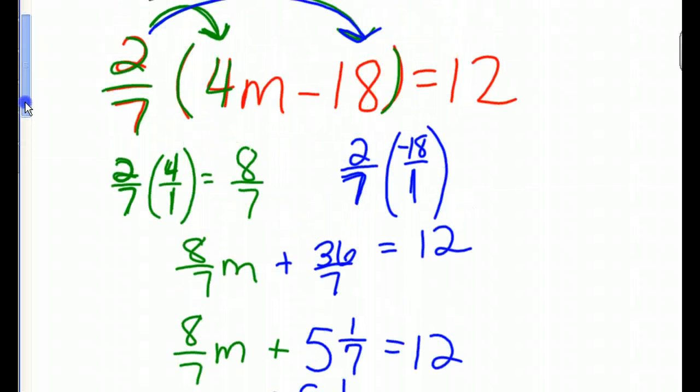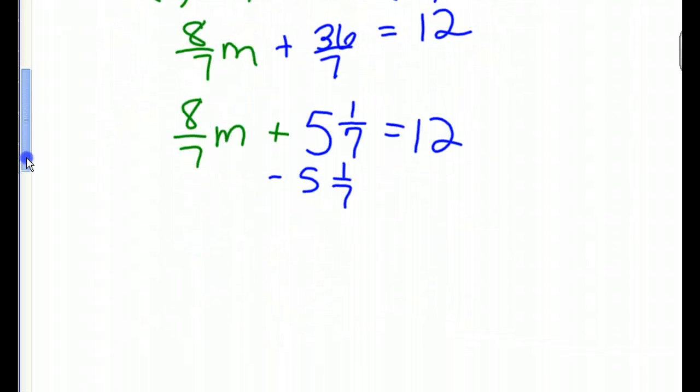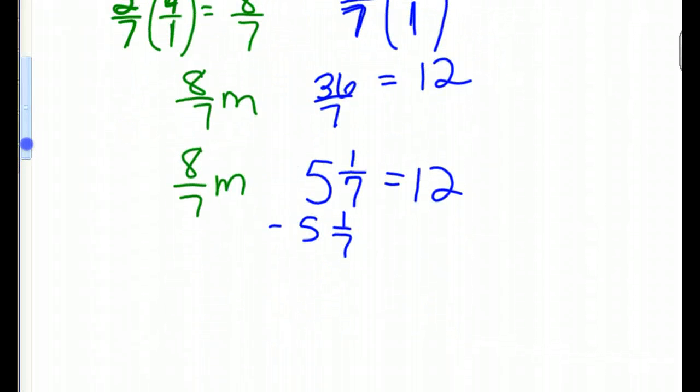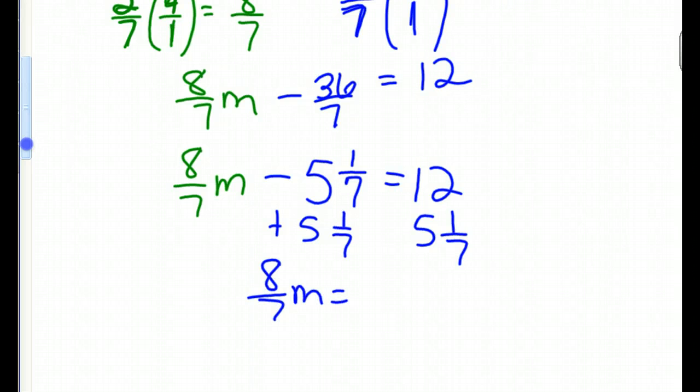Oh, is it minus? No, we want to add it to both sides. This is supposed to be negative. So we want to add 5 and 1/7 to both sides. So we get 8 over 7m equals 17 and 1/7.